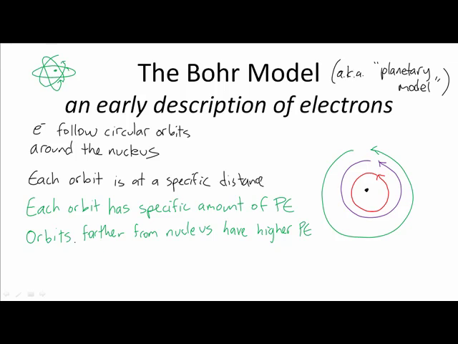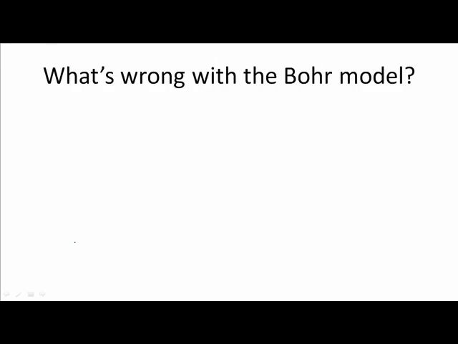And if they constantly lost energy, they would spiral in towards the nucleus. Okay? So this model didn't make sense. Bohr didn't have a way to explain why the electrons didn't crash into the nucleus. So it can't explain why the electrons don't just fall into the nucleus.